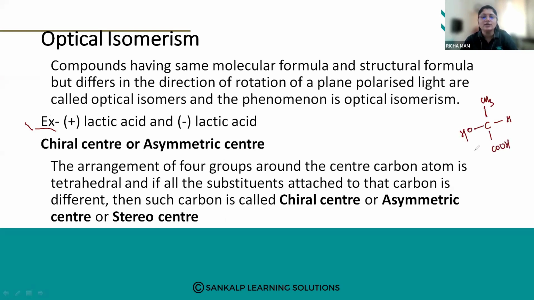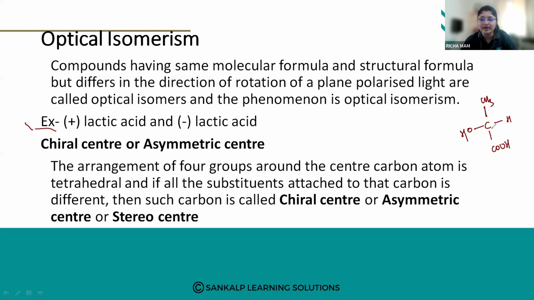It is tetrahedral, and if all the substituents attached to that carbon are different, then such a carbon is called a chiral center or asymmetric center, or it is called a stereo center.